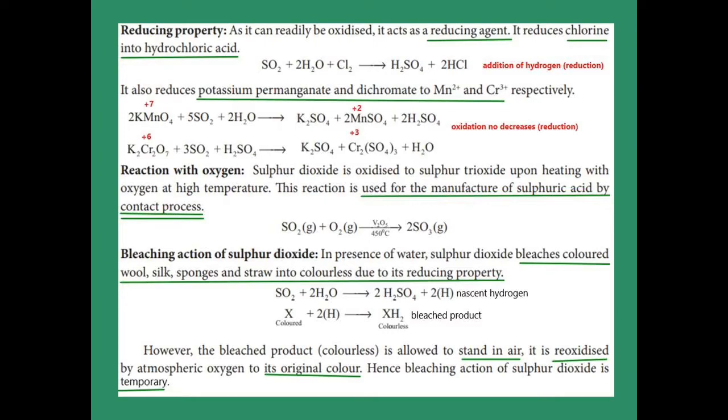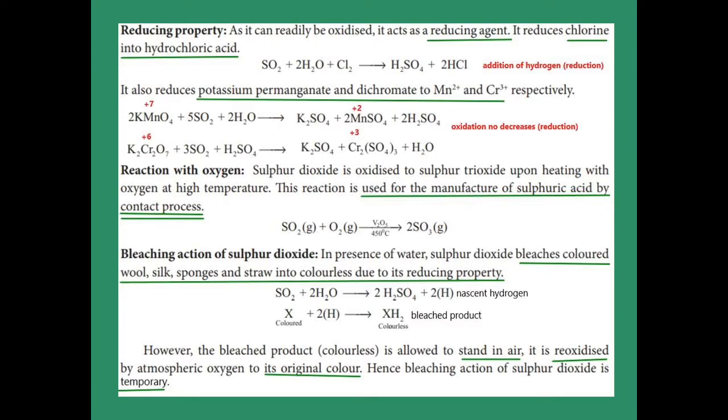In the same way, in potassium dichromate the chromium oxidation number is +6, and in chromic sulfate the chromium oxidation number is +3. So from +6 to +3, the oxidation number decreases, so it undergoes reduction. Potassium dichromate is reduced to chromic sulfate with the help of sulfur dioxide. So here also sulfur dioxide acts as a reducing agent.